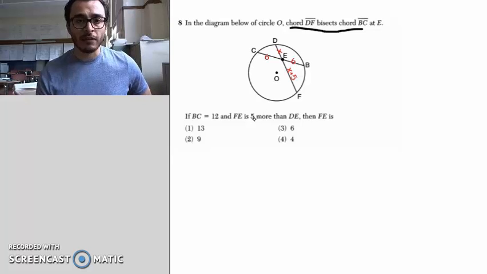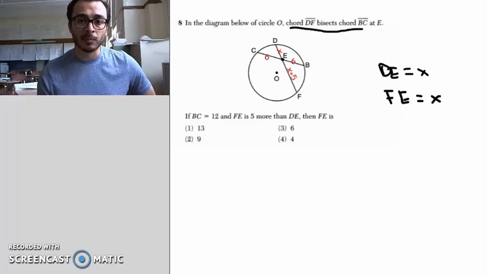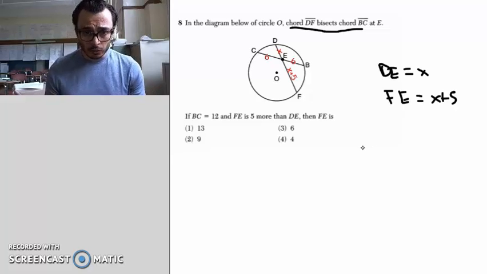Then here it says FE is 5 more than DE. So what I did is I made DE X, and since FE is 5 more, I made FE X plus 5. All right? So now, to solve for X, you'll remember this theorem from your class.